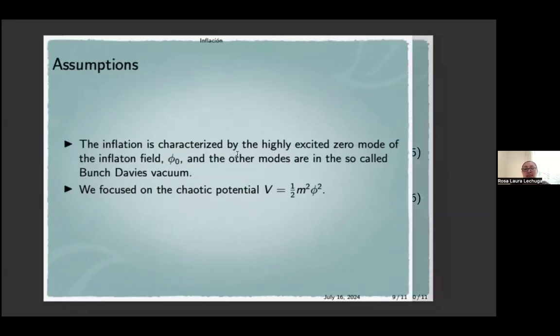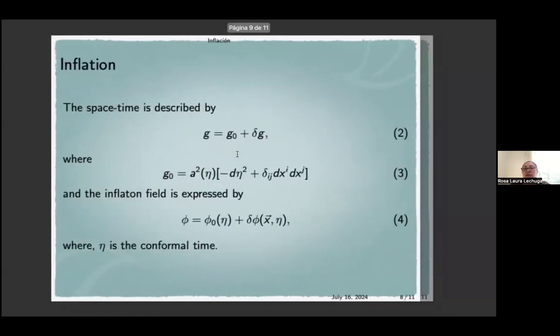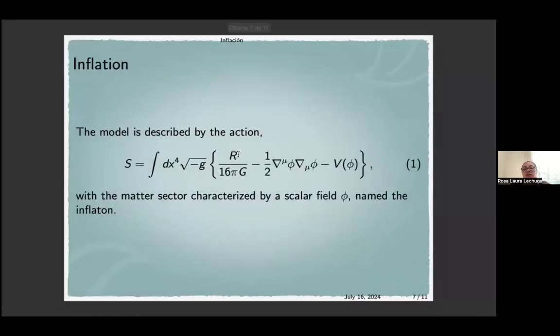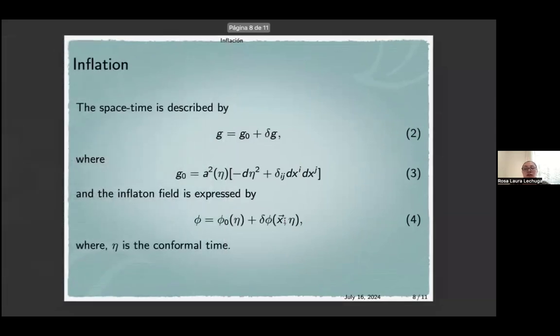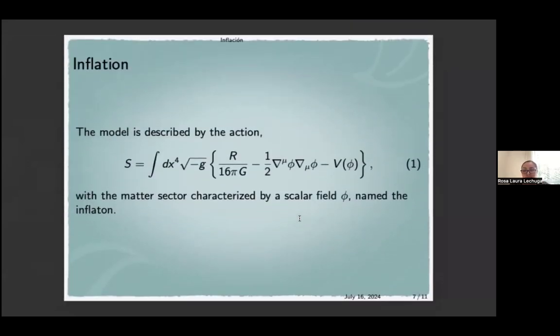And then I'm going to show you what happens when we try to turn on the other modes, or how to break the symmetry of the Bunch-Davies vacuum to get the other modes.